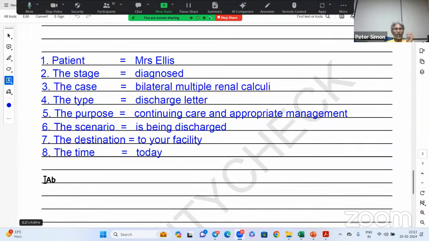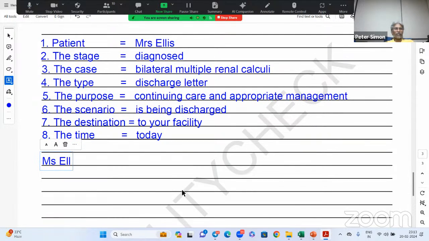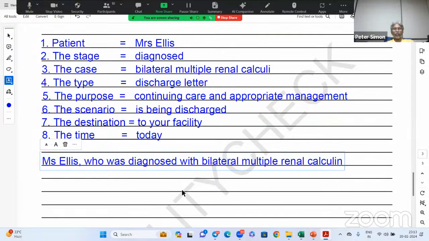If I am writing this letter, how will I write? So, Miss Ellis, comma, who was diagnosed with bilateral multiple renal calculi.